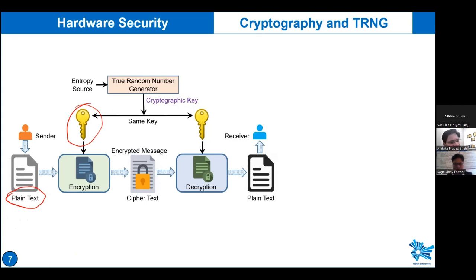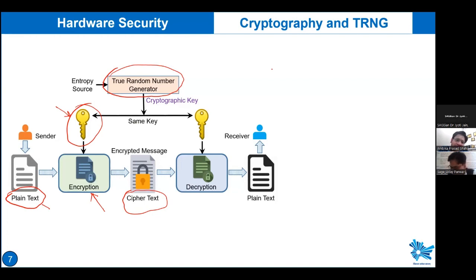This secret key and the plain text will be merged, and they will generate a text that we call the cipher text, and this process we call encryption. The question is how we generate this secret key. For that purpose we use a true random number generator, which is used to generate the secret key. And now the question is how we are generating this true random number.